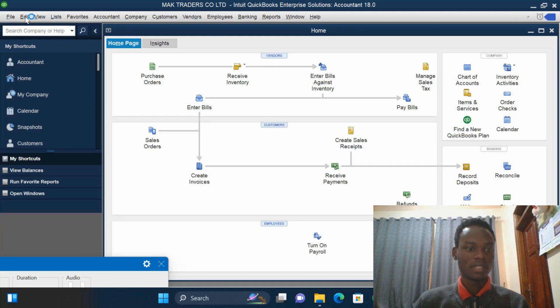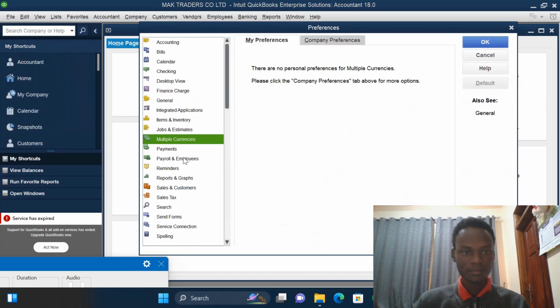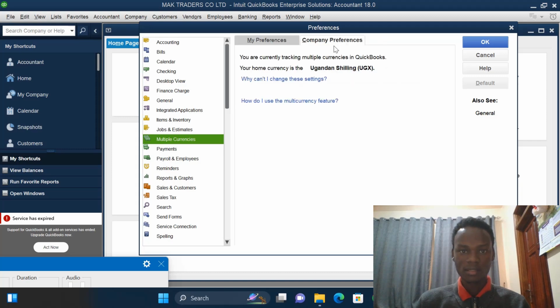All right, let me do that now again. Go to Preferences, multiple currencies, company. So our currency now is in UGX.